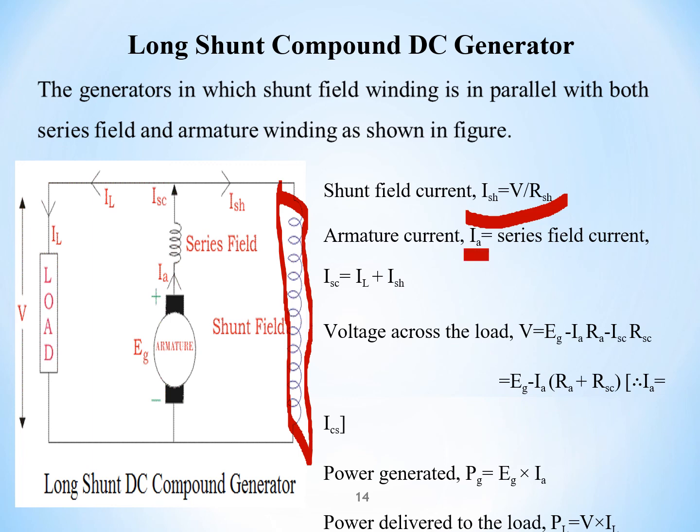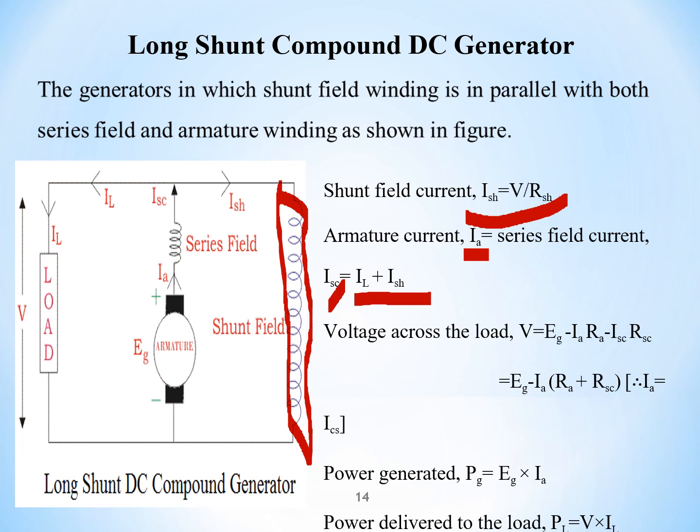The armature current IA is equal to IL plus ISH. The armature current is also equal to ISC because IA and ISC are both in series. The voltage across the load V is equal to EG minus IA RA minus ISC RSC.